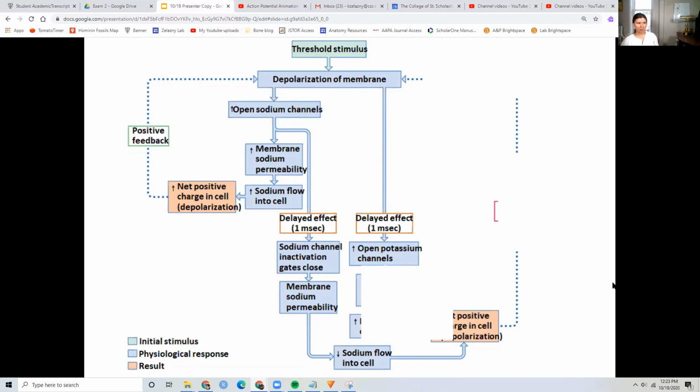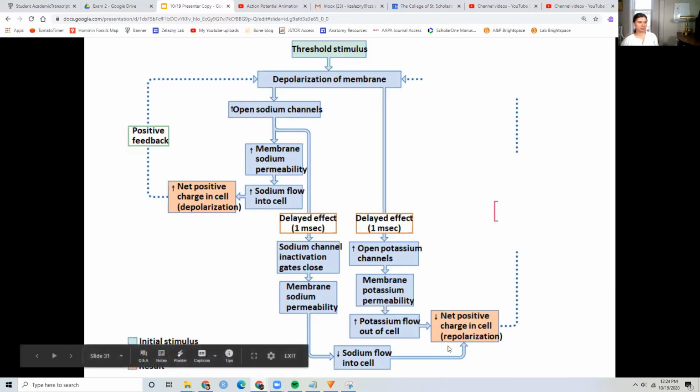So as we open our potassium channels, we increase membrane permeability to potassium. And remember that our equilibrium potential for potassium is low, it's negative 94, which means that as we increase membrane permeability to potassium, we're going to have potassium flowing out of the cell.